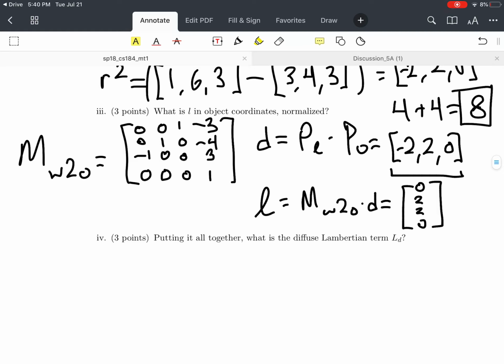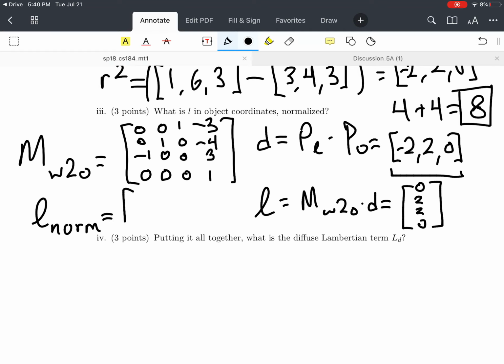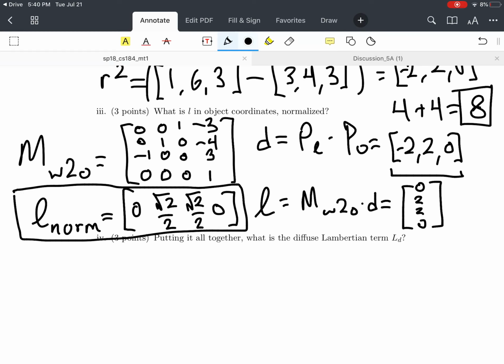So there we go, we have our L. And now we just normalize all of this, and L norm is going to be equal to 0, root 2 over 2, root 2 over 2, and 0. Okay, so we did some math, got the inverse, subtracted, multiplied, and we got our answer.